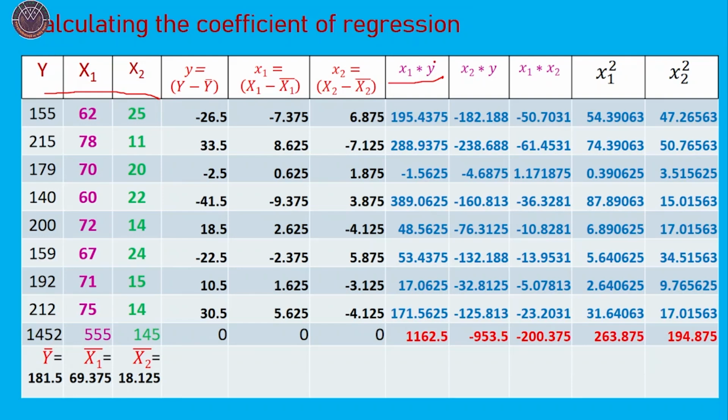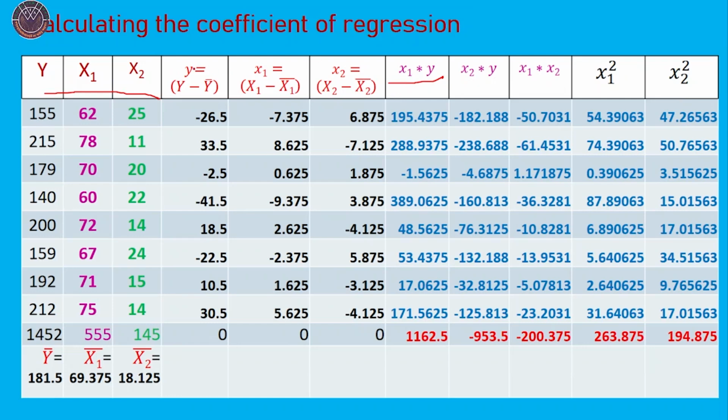Next, if you remember the regression coefficient, we need x1y, x2y, x1x2, x1 square and x2 square. All of this is in small x1, x2, y. So we will get x1 into y.